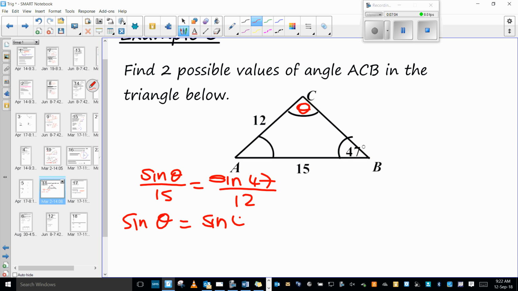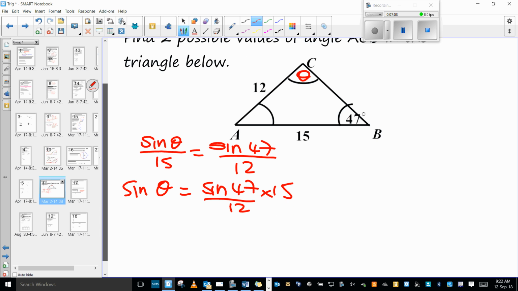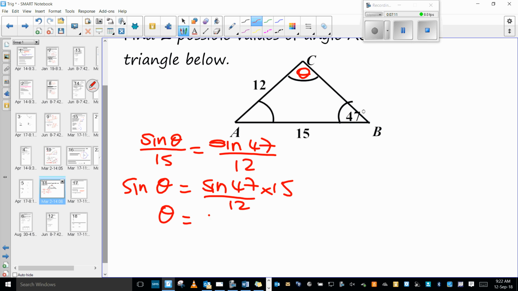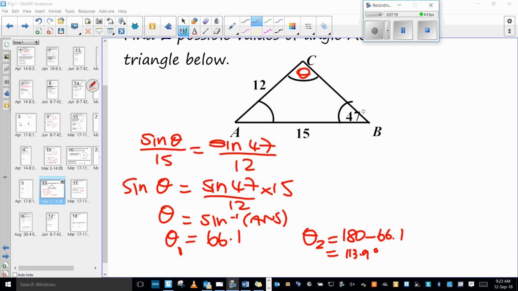So, I calculated 66.1. My other solution is just going to be 180, subtract that value. In those other questions, it was slightly different.